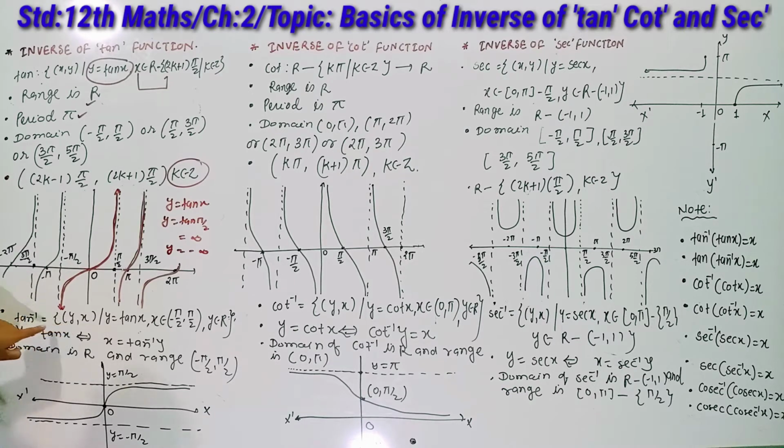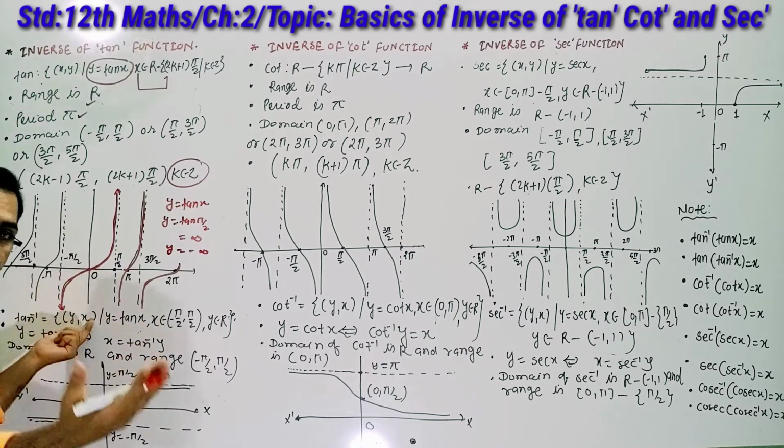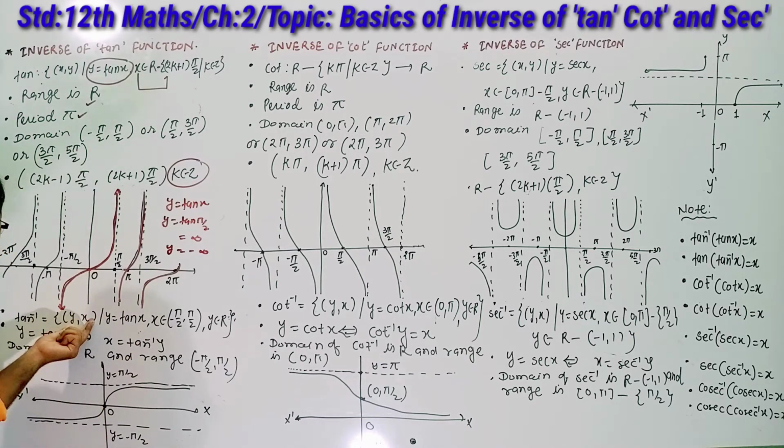Initially we defined tan in the form (x, y), so the order of the elements is changed: the domain becomes the range and the range becomes the domain. So (y, x), where y is equal to tan x.